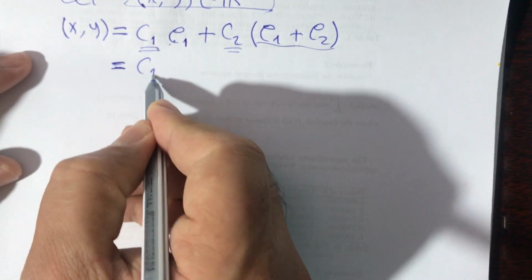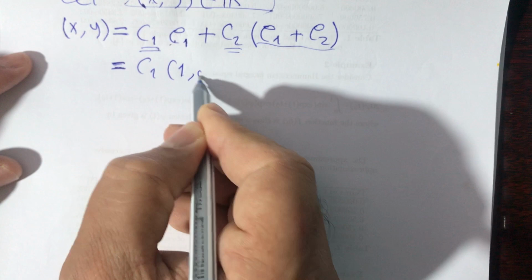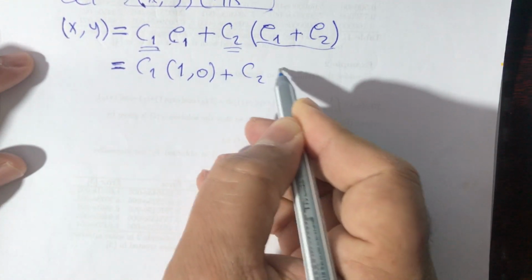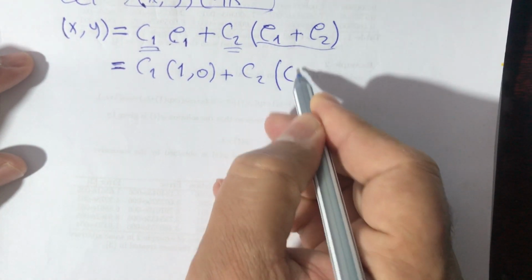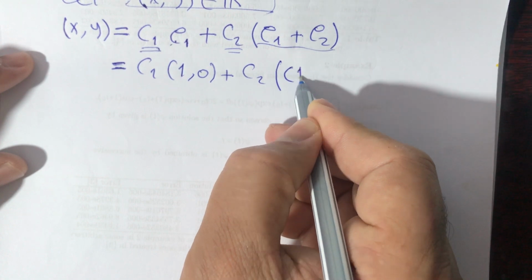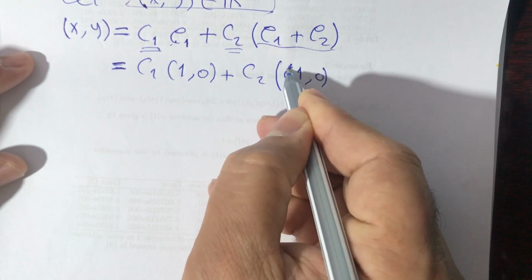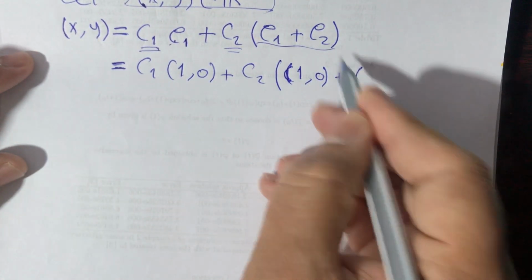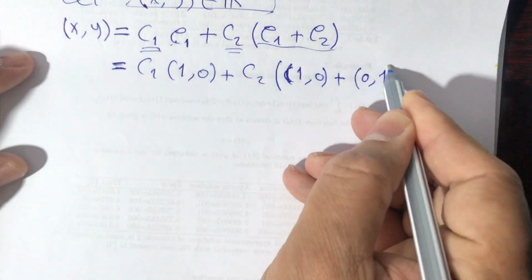This will be C1 E1, that means (1, 0), plus C2 times E2, which is (0, 1).